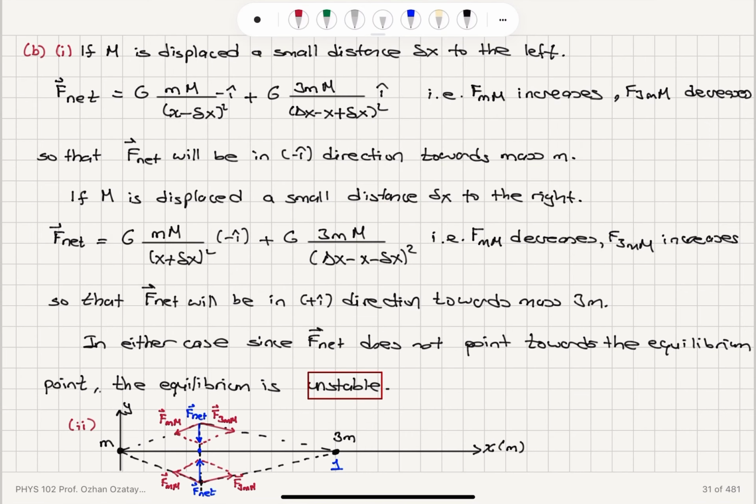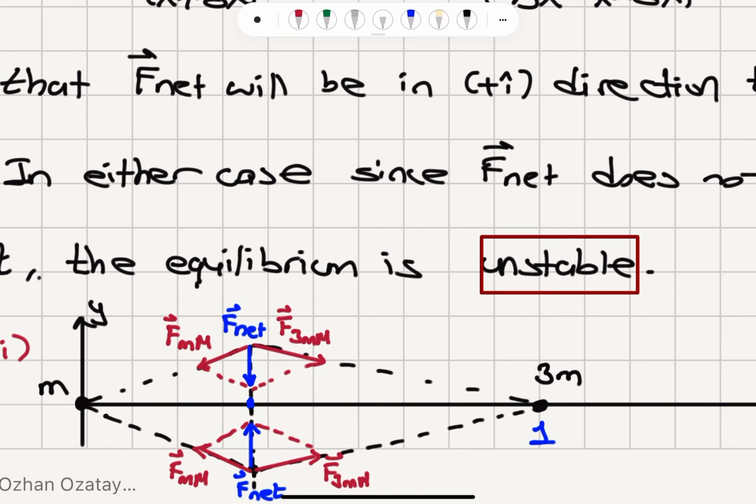All right. Second scenario. Now I see that this mass capital M is displaced perpendicular to the line connecting m and 3m. Since the distance between m and capital M and between capital M and 3m doesn't change for the x component, the x components will remain the same, but the y components will change.